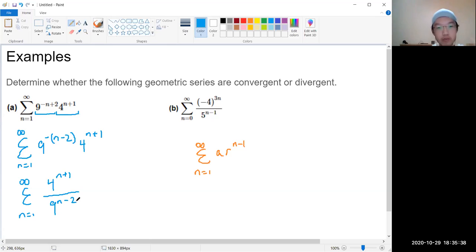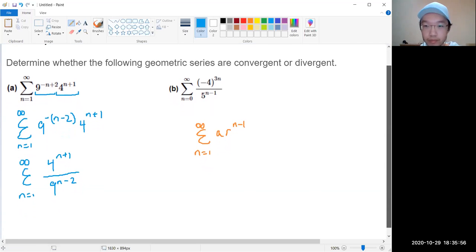Okay, did everyone follow that? Make sure you follow that because that was 2 important steps. And let me know if you got confused as to any of that. Yeah, so looking at the 9 to the power of negative n plus 2, the exponent is negative n plus 2.